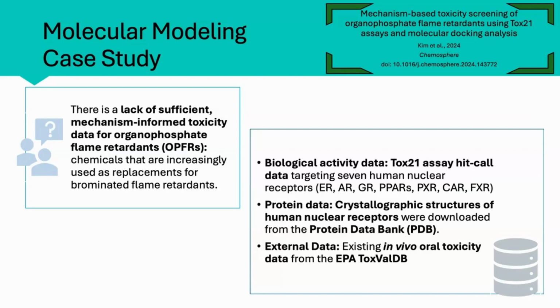There's many examples of using molecular docking in the literature, but mainly in the areas of drug design. Its use in toxicology and for environmental toxicants is growing. So the case study here, which is from a paper by Kim et al., highlights the use of molecular docking in the context of chemical toxicity screening and data gap filling.